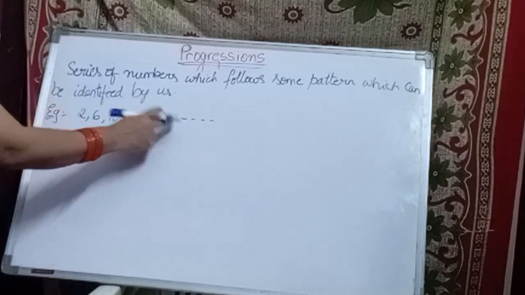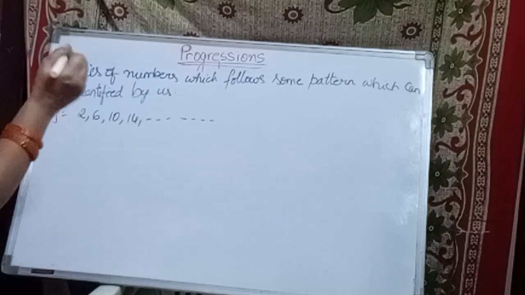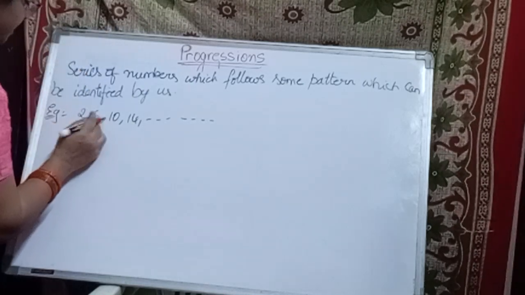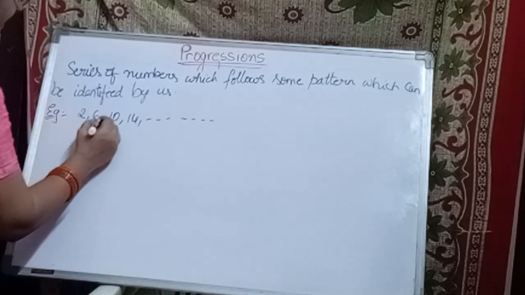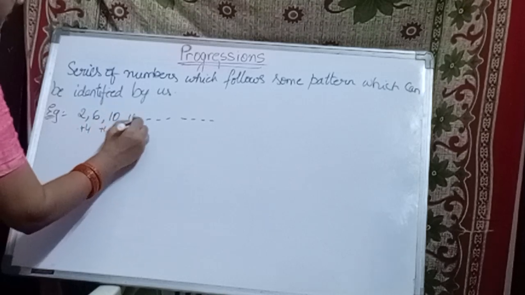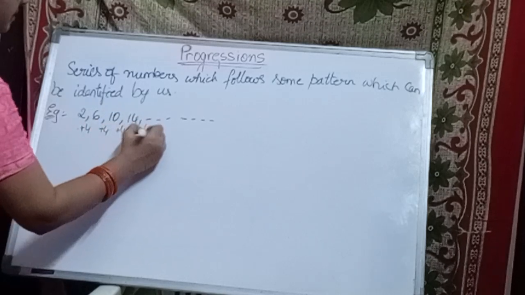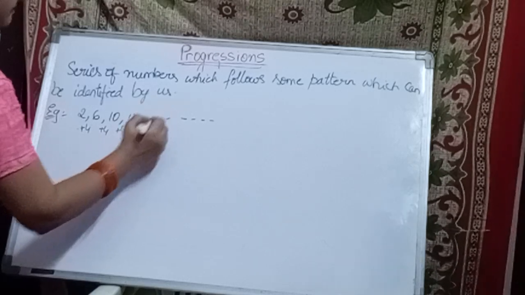A series of numbers which is following some pattern. What is the pattern? Let us see the pattern. Here, if you add plus 4 to 2, you will get 6. Again, 6 plus 4, you will get 10. Plus again 4, you will get 14. Plus 4, you will get 18.